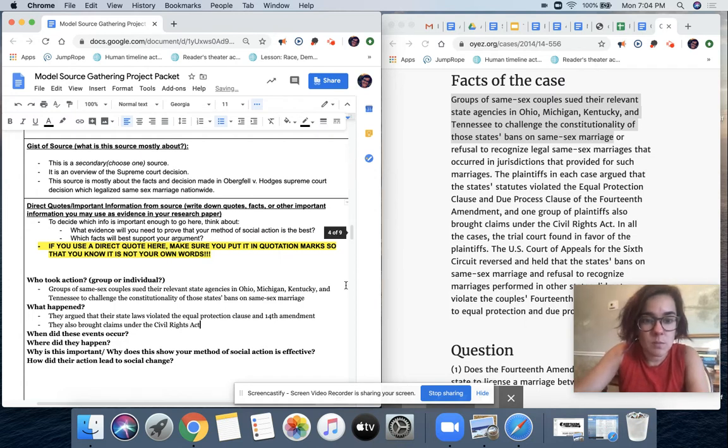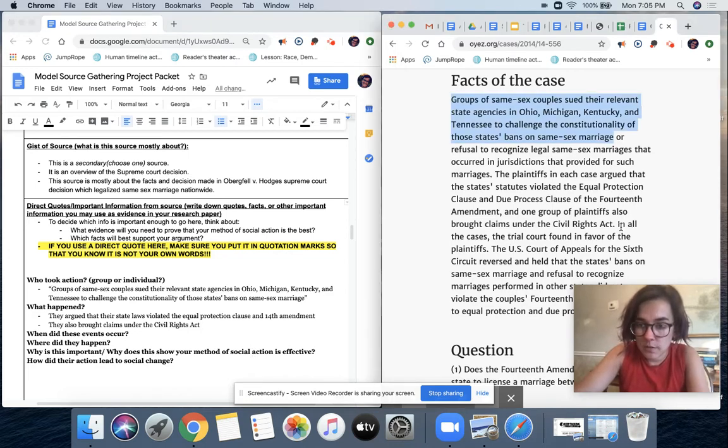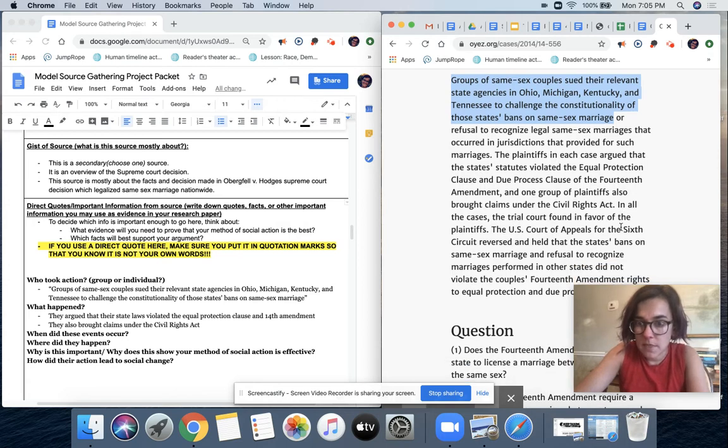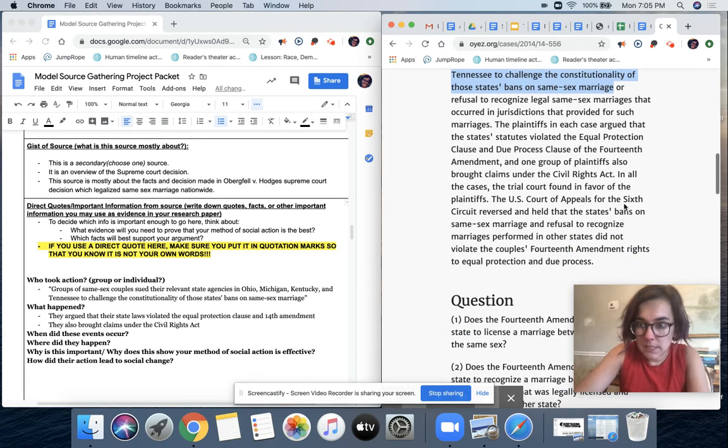Oh, and I forgot something really important. This was a direct quote, so I'm in fact putting it in direct quotes here. And what happened was that the trial court found in favor of the plaintiffs. So I'm going to say this is what happened.